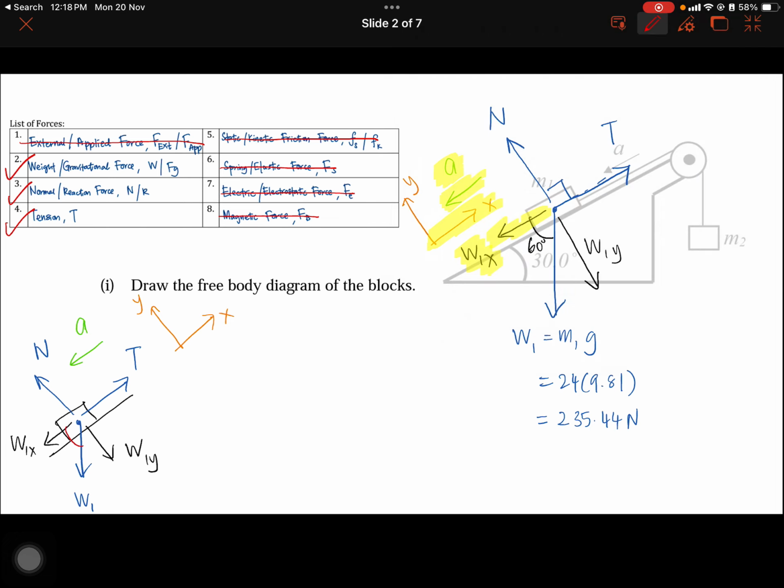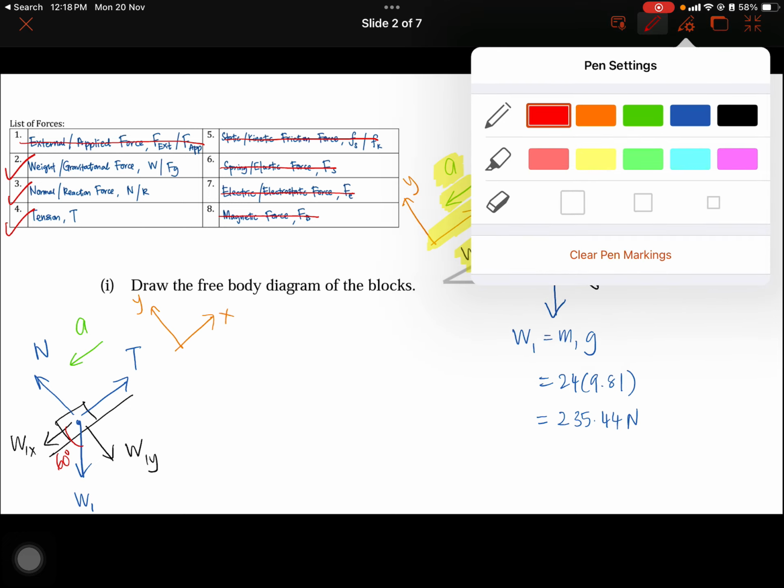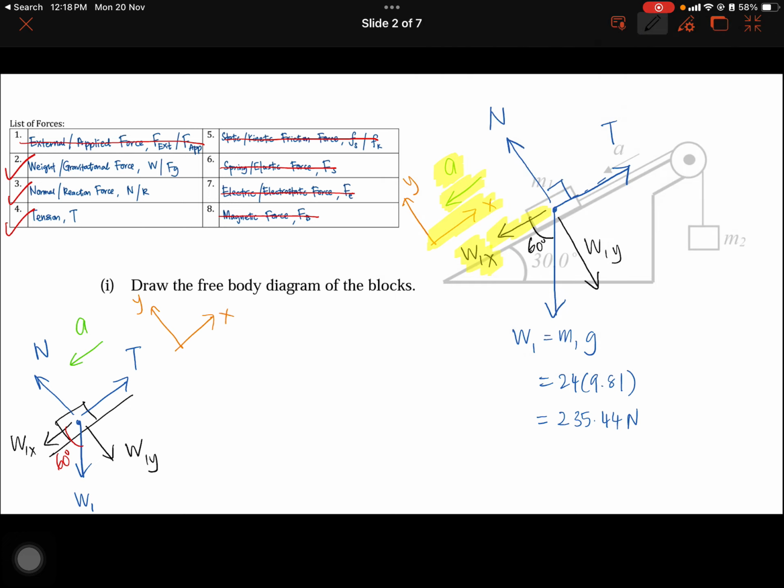So this is going to be 60 degrees. In order to get W1x, W1x is equal to W1, or M1G, which we calculated as 235, and then cos 60 degrees.